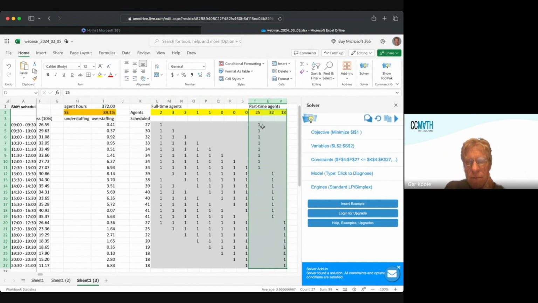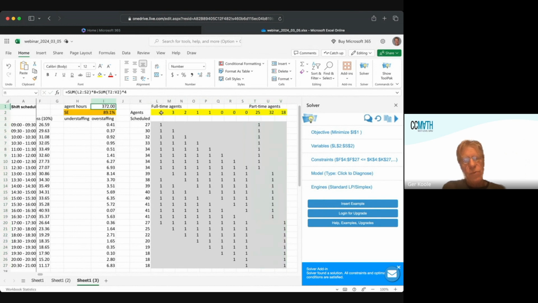And here a part-time shift is 4 hours. Of course, now with the part-time shifts, you cannot just count the number of agents. So now I count the number of hours here, and of course, the full-time shifts are 8 hours, the part-time shifts are 4 hours.